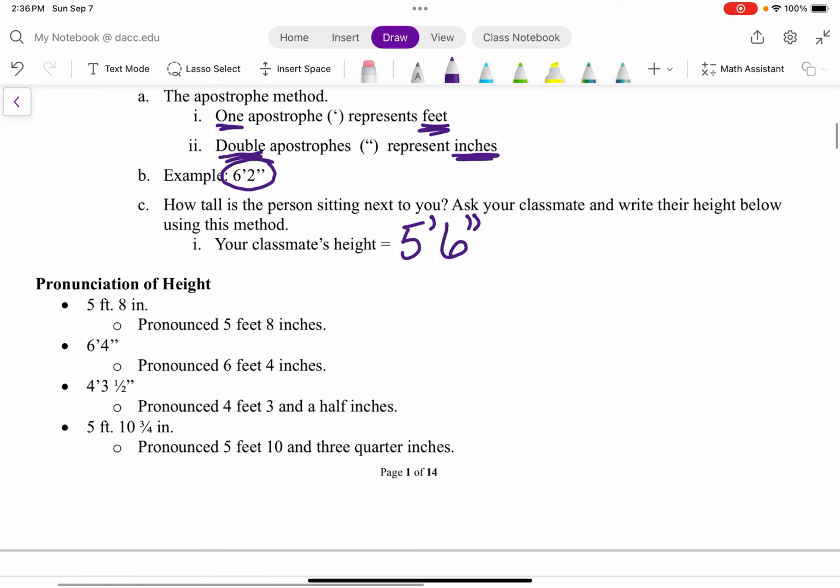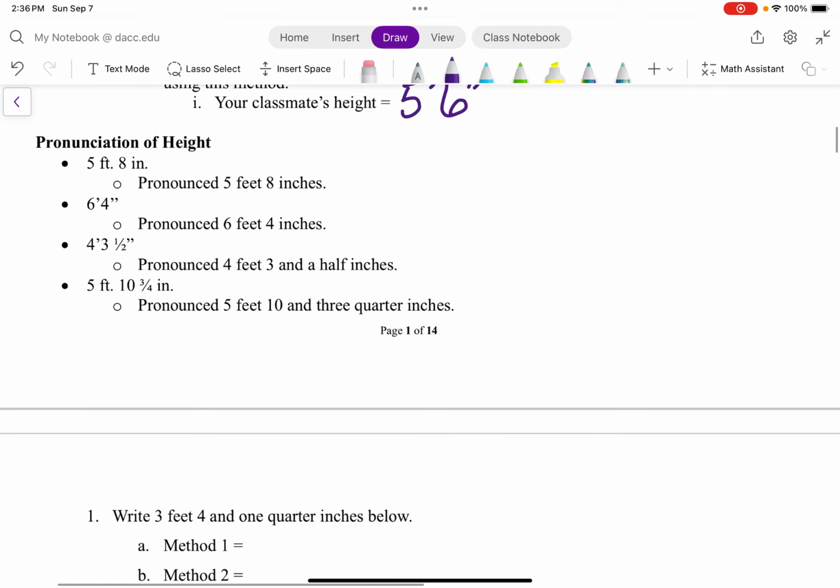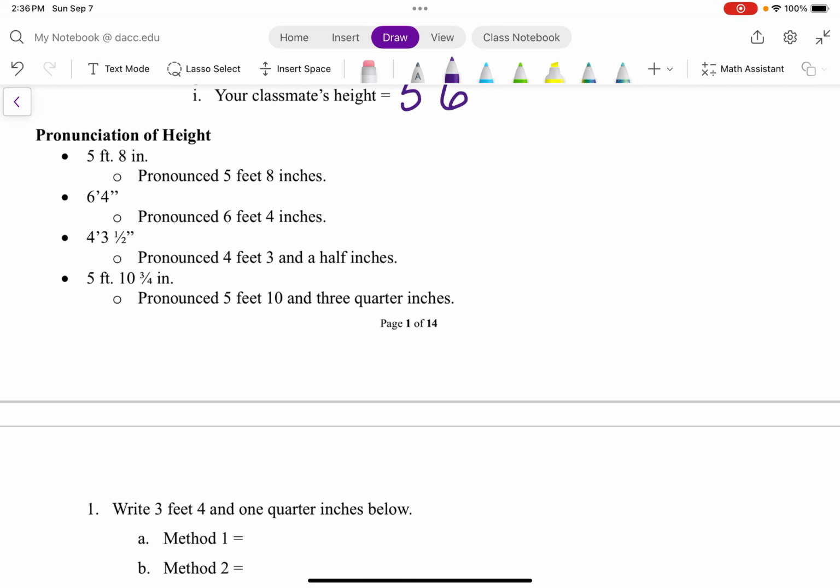So let's look at the next section, which is about how to pronounce height. You can see the two different methods are represented here. The first example right here, you would pronounce 5 feet 8 inches. That's method one. The next one looks like method two. That would be pronounced 6 feet 4 inches.